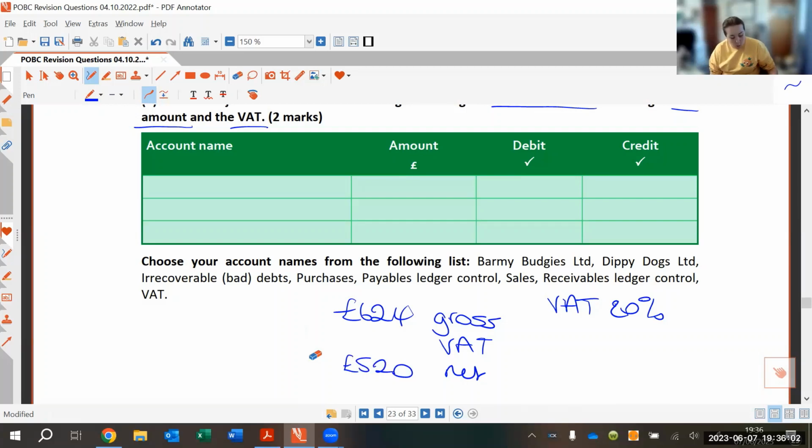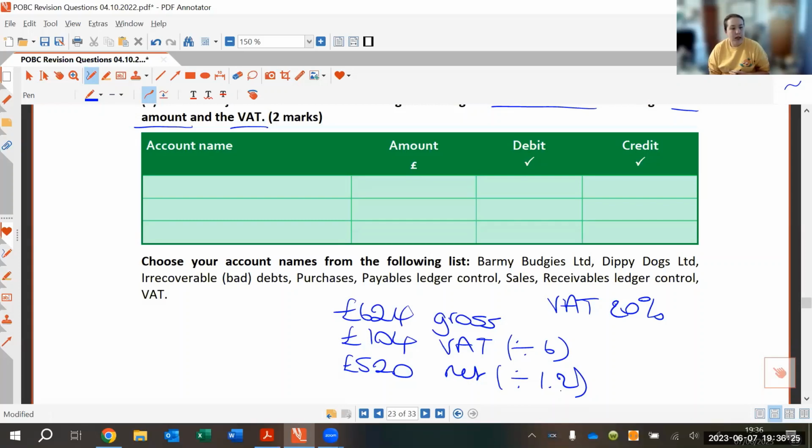The good thing with 20% VAT is that, as I've seen in the chat box, people are saying you can divide by 6, and that will get you your VAT figure. So you can either divide by 6 to get that one, or divide by 1.2 to get the net, and that's what I would do.